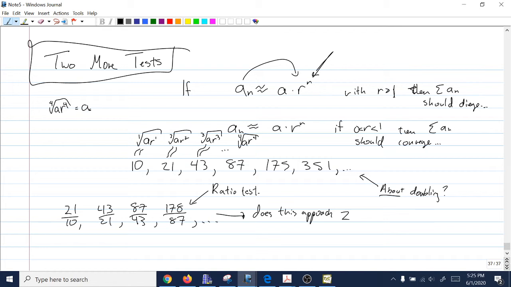That's going to be the 4th root of a times r, with maybe an absolute value going on. When we write the formal version, there will be absolute values. But I get about the 4th root of a times r. I'm going to get a to the 1 over n times r.